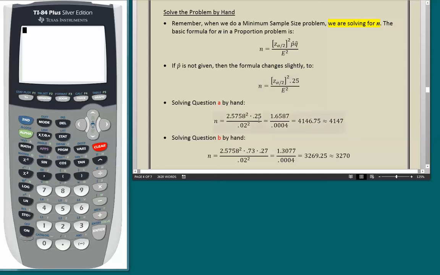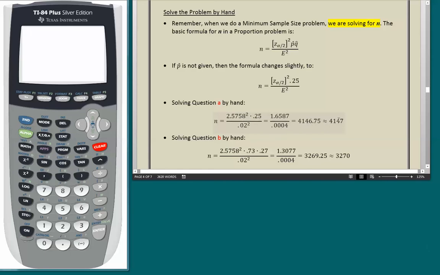The margin of error is 0.02, so that's e, and we have to square that. So now we work these things out. This whole business here works out to 1.6587. 0.02 squared works out to 0.0004.